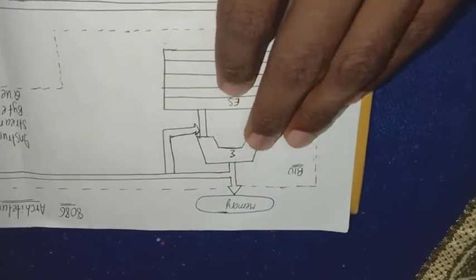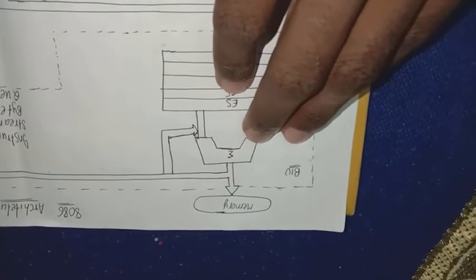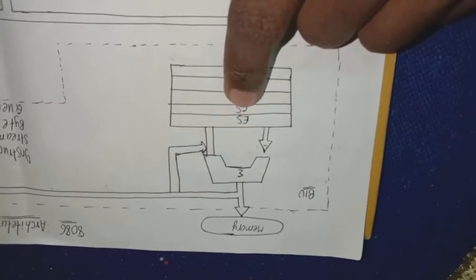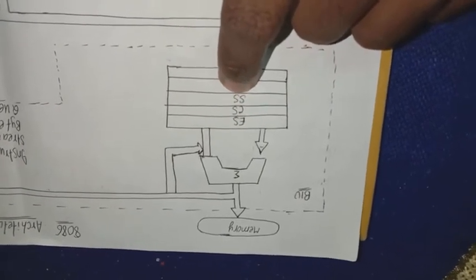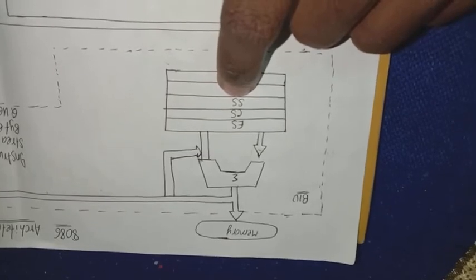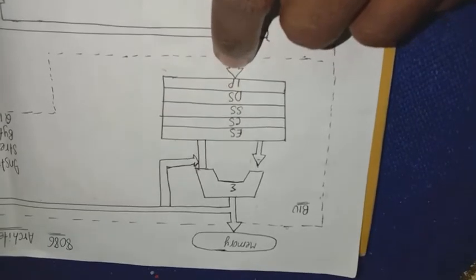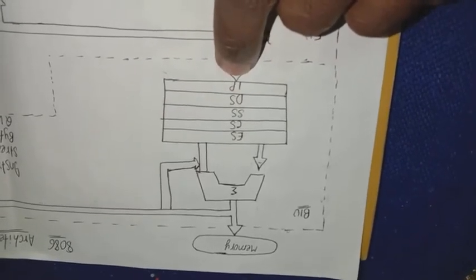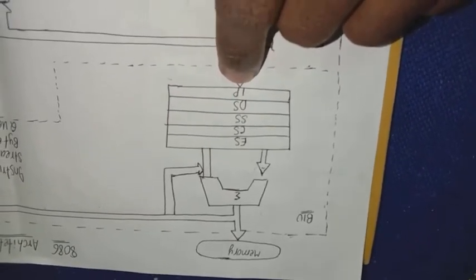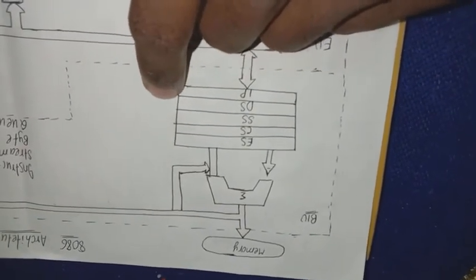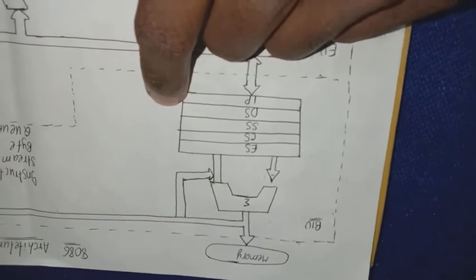So first of all, the base address is stored in these segments, which are known as the extra segment, code segment, stack segment, data segment, and index pointer. The index pointer shows the index or the offset address of the program.